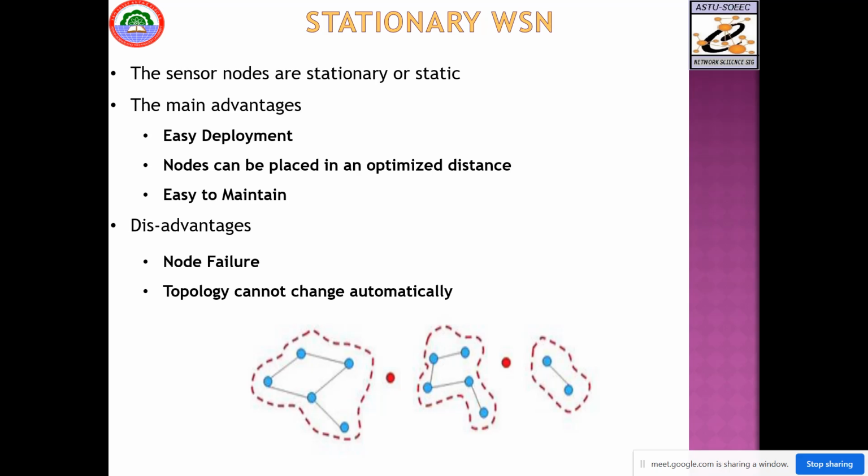When we consider the placing of nodes, when a node is trying to communicate with another node, we are considering that as a stationary sensor network, which helps in properly planning and optimizing the number of nodes required in that particular region.